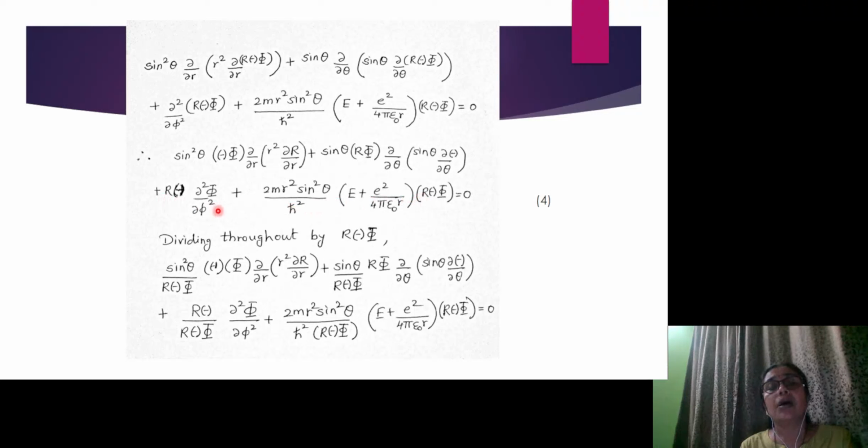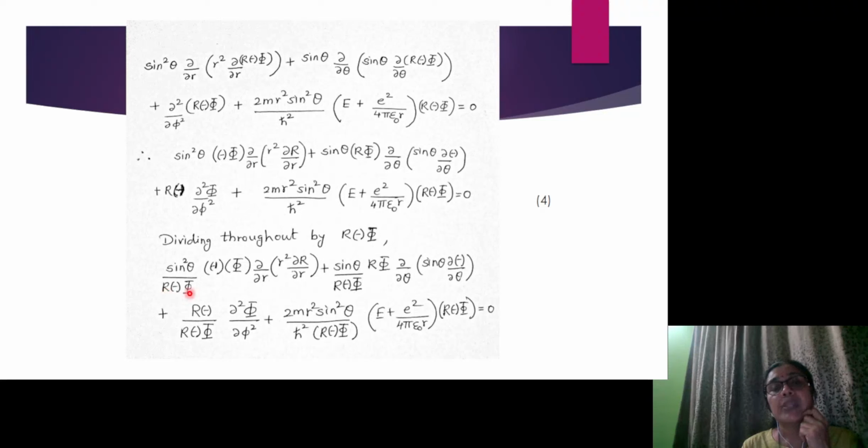Now see, this particular term is containing phi as well as r and theta. I do not want this r and theta to be there, so that this should contain only phi. Okay, so what I will do is divide throughout by r into theta into phi. So I can get rid of this theta phi from the first term; in the denominator there will be then only r remaining.